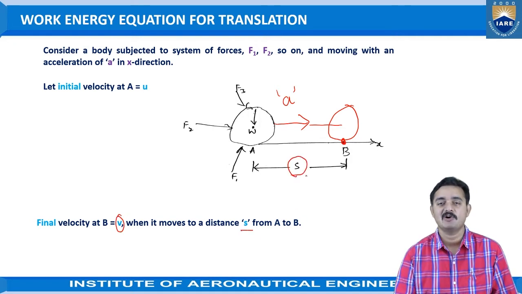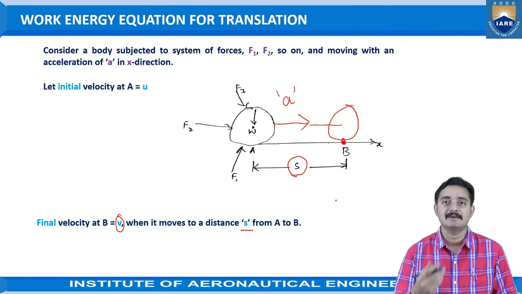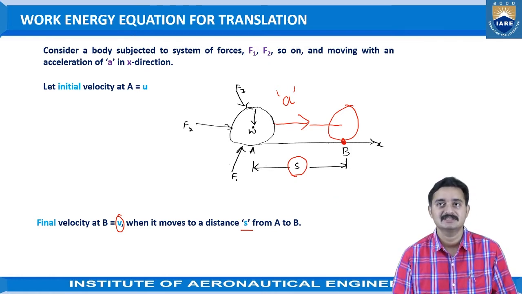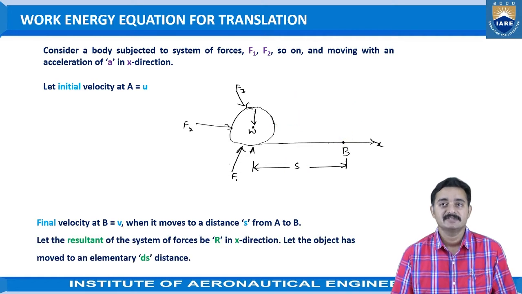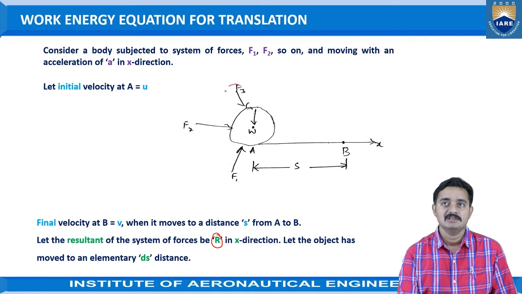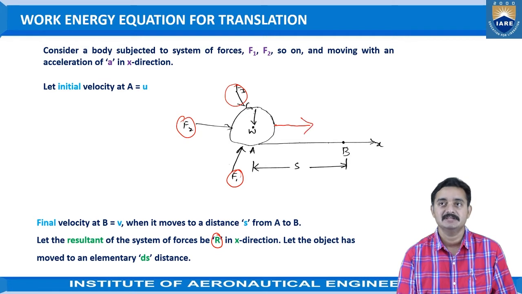So the distance the object moves because of the application of all the forces in the system is s. Let the resultant of the system of forces be R in the direction x. So because of all the forces acting, F1, F2 and F3, the body has traveled a distance of s in the direction of the force.